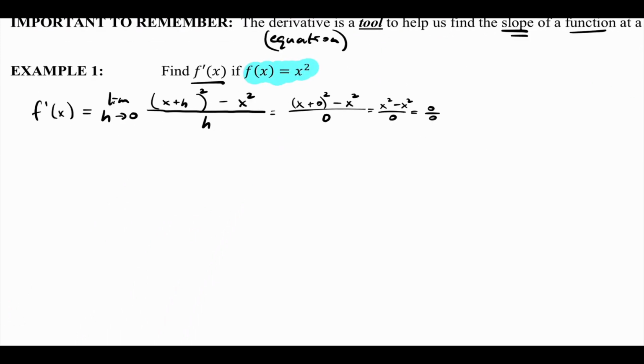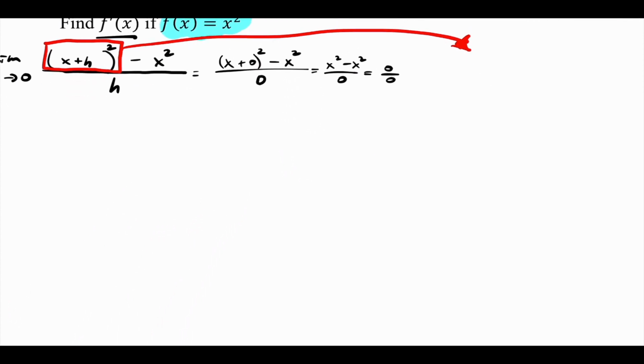So I'm going to take this guy over here. It's x plus h squared. So it's a binomial times a binomial, right? That's what that means.